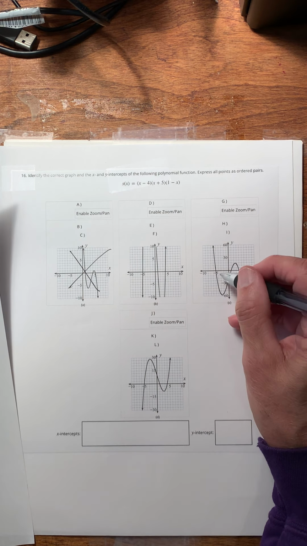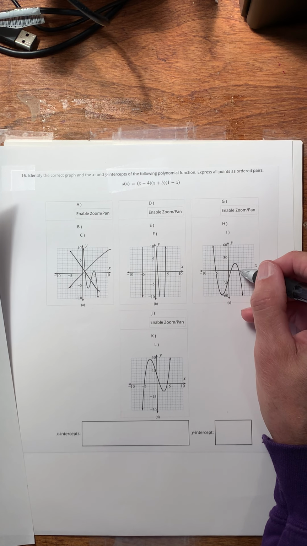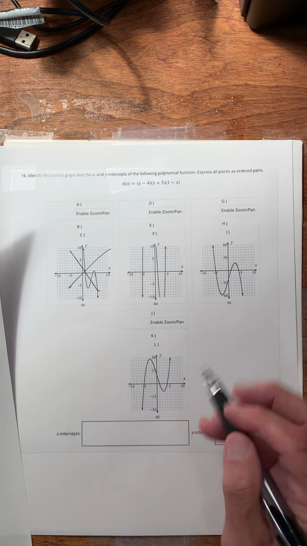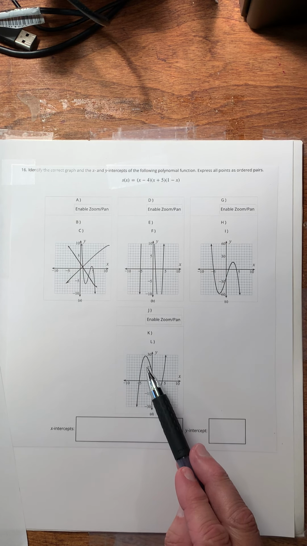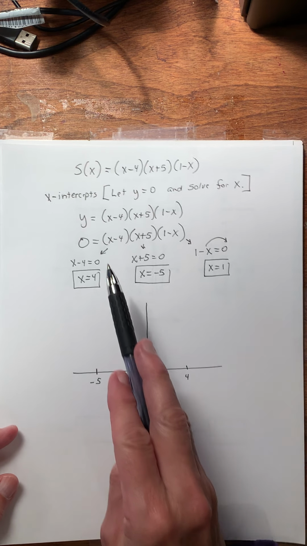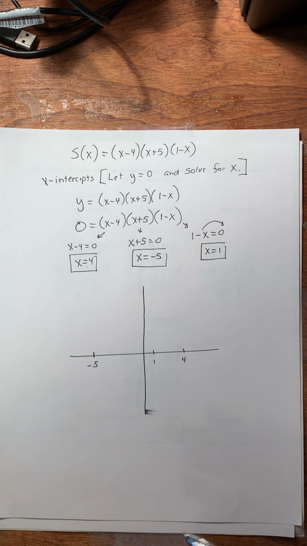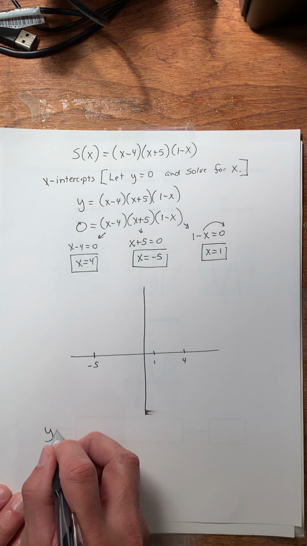This could be it. So these guys are possible options. We've eliminated this guy, but these guys are all possible options because they all have x-intercepts at 4, -5, and 1. All right, let's find the y-intercept. Maybe that will clear things up.